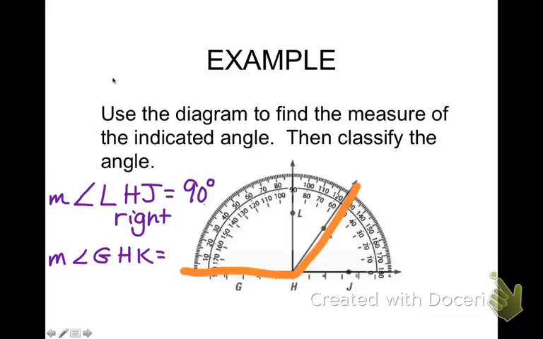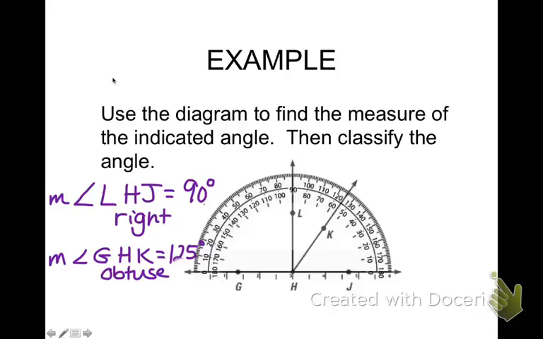Well, first, which set of numbers are we following? Here's my initial ray, so that points in the left direction. I want to look to see where 0 is. 0 is in the top set of numbers. So I'm going to follow the top set of numbers around. So what is that, 125? Yeah. So that's 125 degrees. How would you classify that angle? As obtuse. Perfect. See, look at this. Nice and easy.